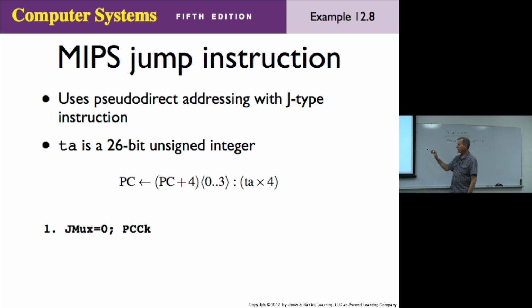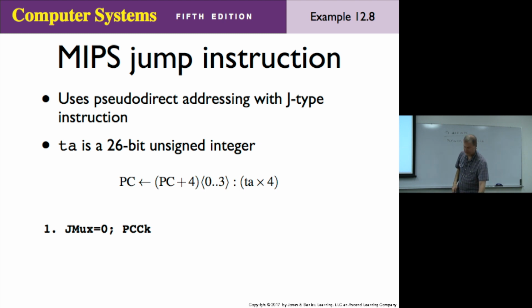Now if you take 26 bits and you shift left by 2, how many bits do we have? 28. And how many more do we need to get up to 32? We need 4 more. So it takes the incremented value of the program counter, PC plus 4, and the most significant 4 bits, and it concatenates them. That colon is concatenation. It concatenates it with the shifted TA.